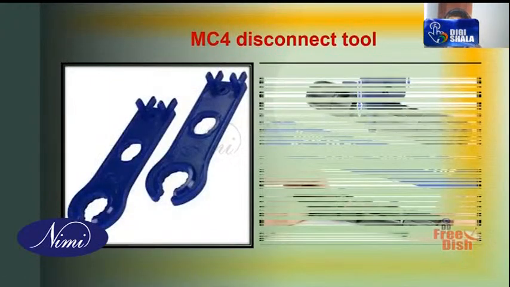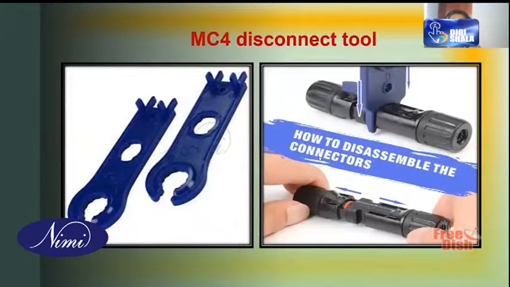To remove this, you require an MC4 disconnect tool. Can you see here? You have to insert the MC4 disconnect tool like this so that the fingers are pressed. When the finger is pressed, you can pull the pin back and disconnect the cable like this.